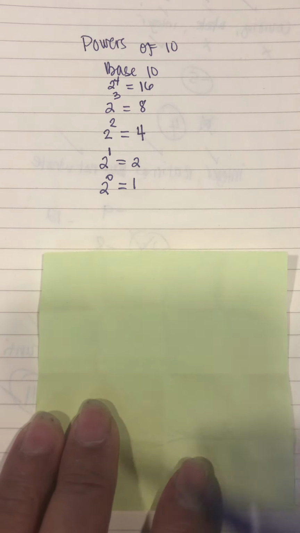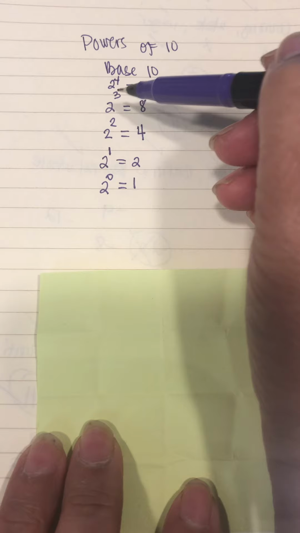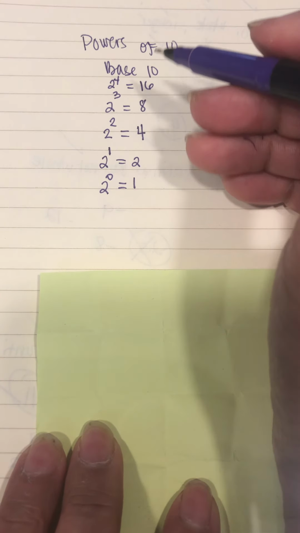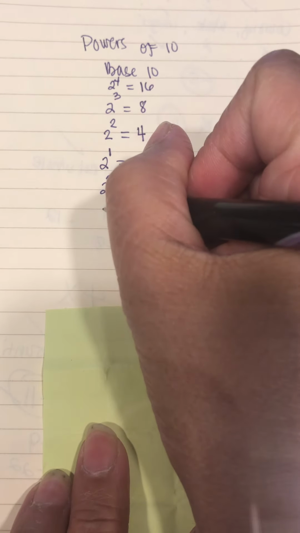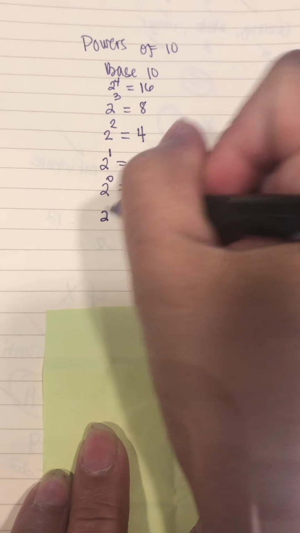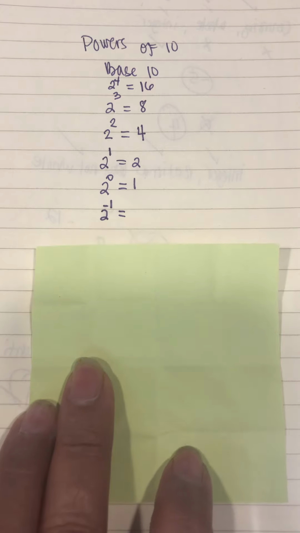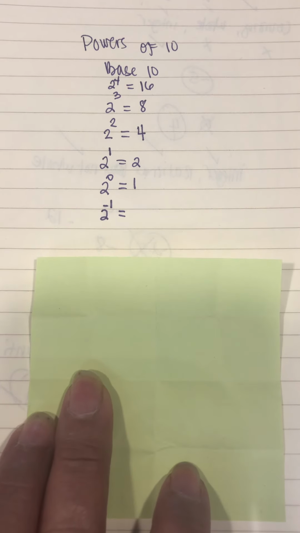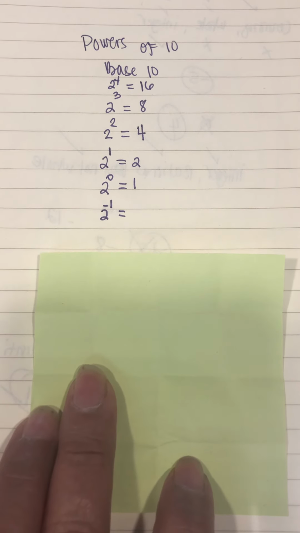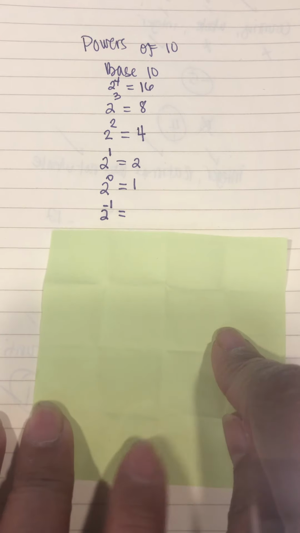Okay. Now you see the pattern here of my exponent. So 3, 2, 1, 0. What happens if I am going to have a -1 exponent? Okay. So that negative exponent, instead of folding, I am going to cut my paper.